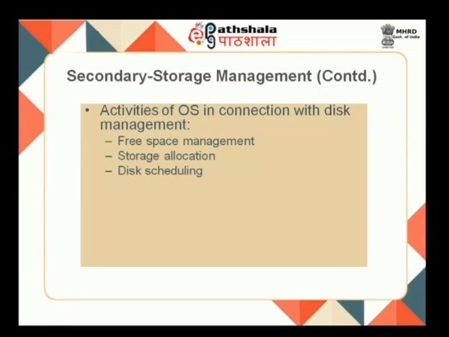And then disk scheduling. Say you have 5 processes that are currently running, and they need to write to the disk. As I told you, writing to the disk, or IO, is slow compared to the CPU's execution speed. So, this writing to the disk by all the processes has to be done one after the other.